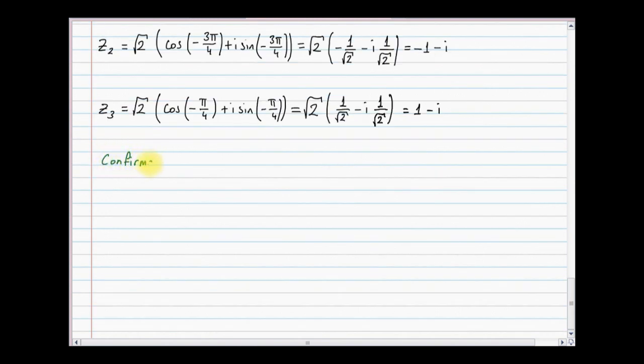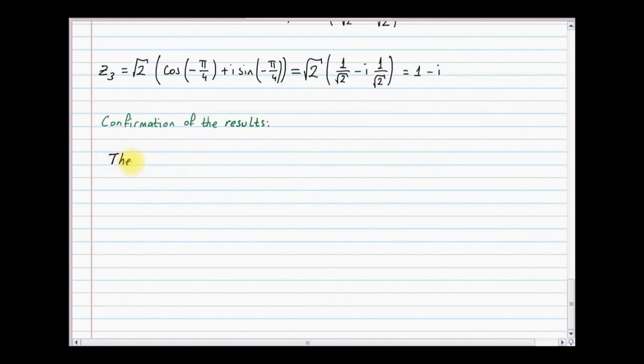Now it's a good idea to confirm these results. First, let me check if there are 4 distinct roots. So z0 is equal to 1 plus i. z1 is equal to minus 1 plus i. z2 is equal to minus 1 minus i.